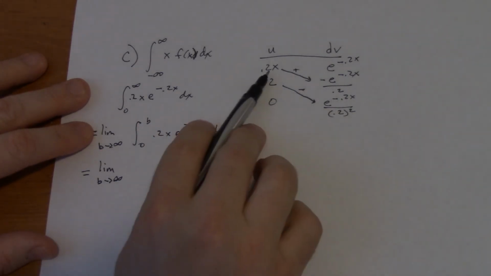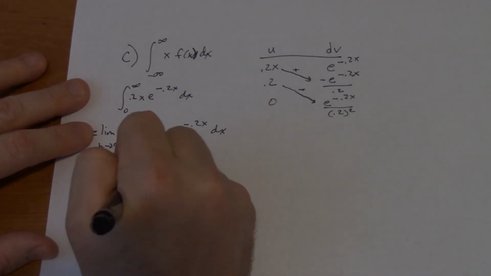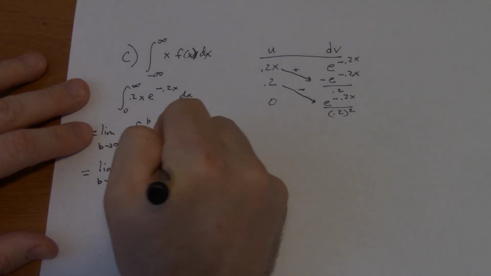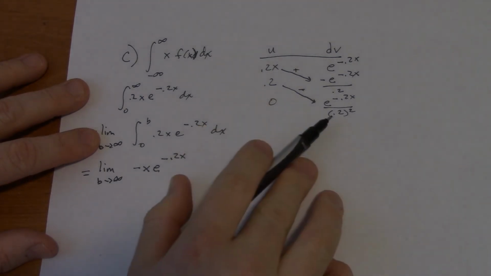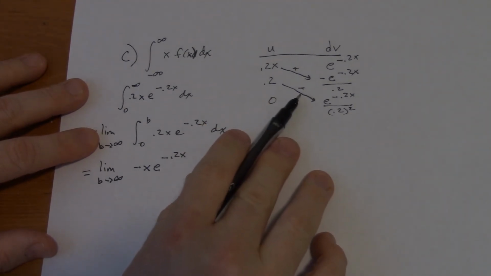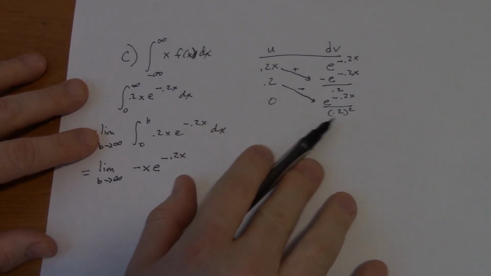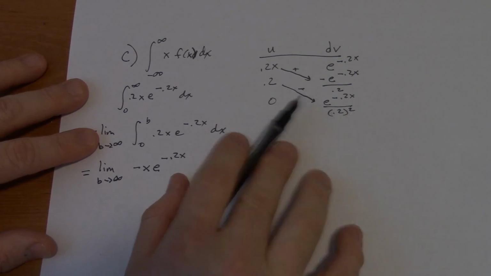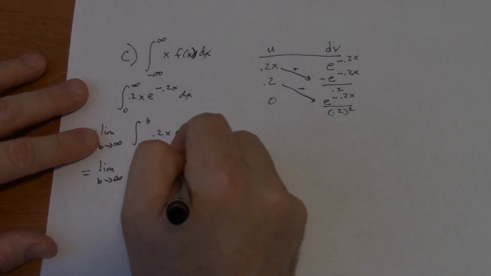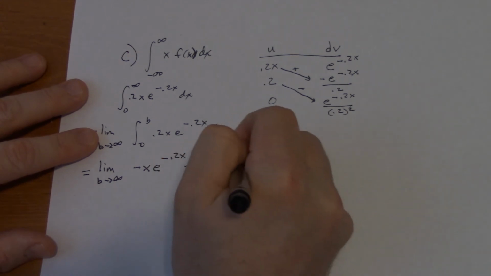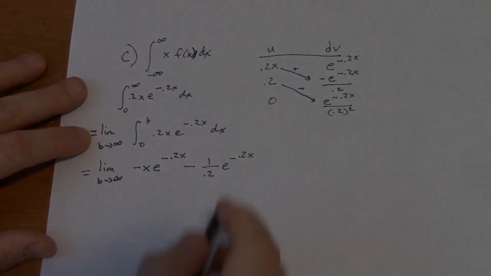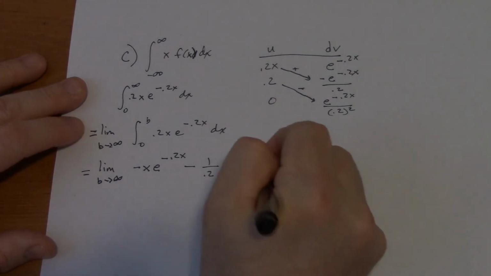Now notice the 0.2 and the 0.2 are going to cancel, so it's going to be minus x e to the negative 0.2x. And then this one's also going to be negative because of that minus sign. So 0.2 over 0.2 squared is just over 0.2. So this is also negative 1 over 0.2 e to the minus 0.2x, and that's evaluated from 0 to b.